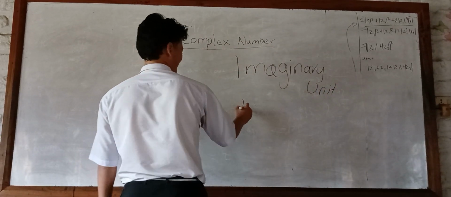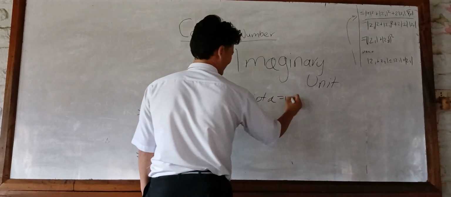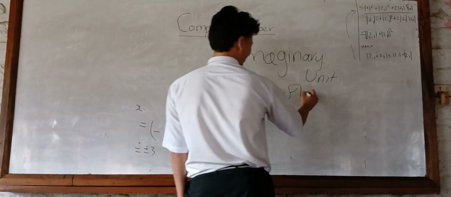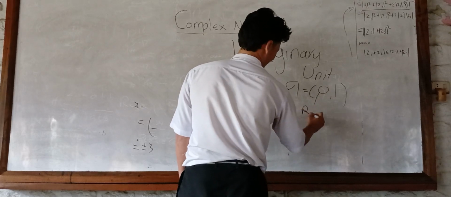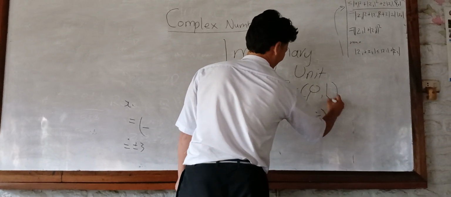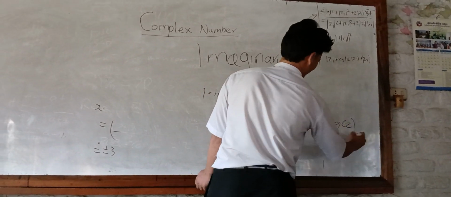We know i, which is also known as iota, is equal to root under minus 1, which can also be written as (0, 1), where 0 is the real part and 1 is the imaginary part.